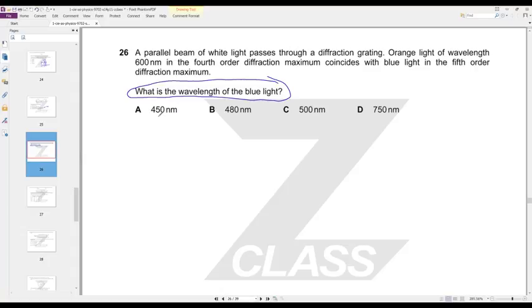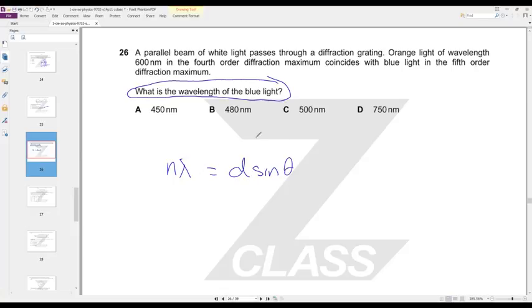And that's it. Or are they? No, okay. Perhaps. No, okay, they're not. So n lambda equals d sine theta.